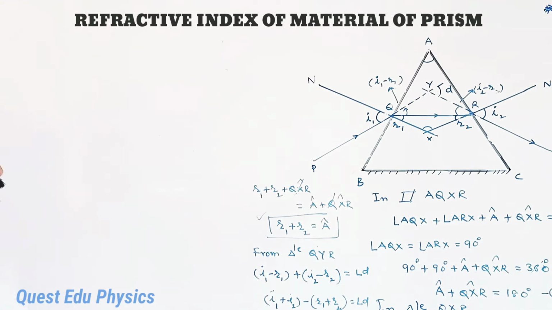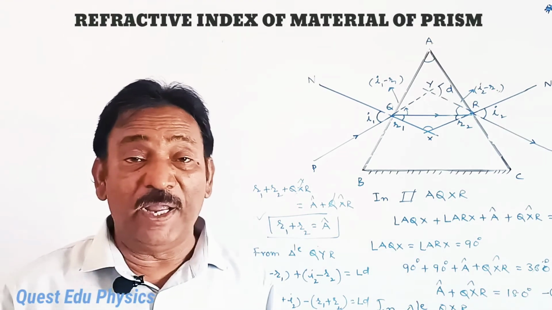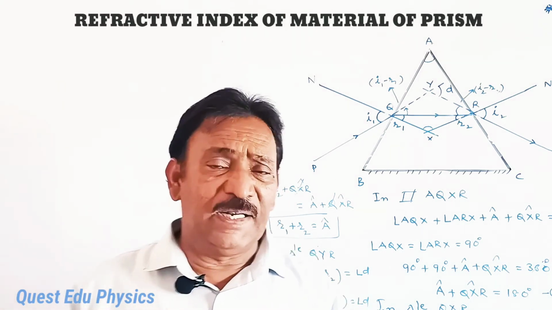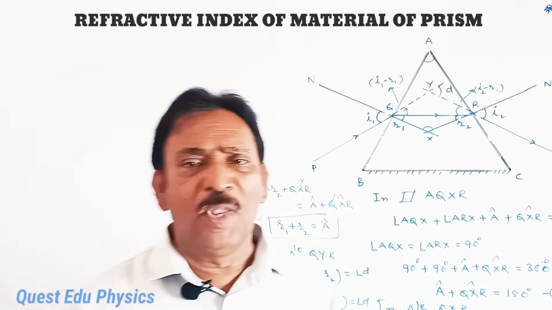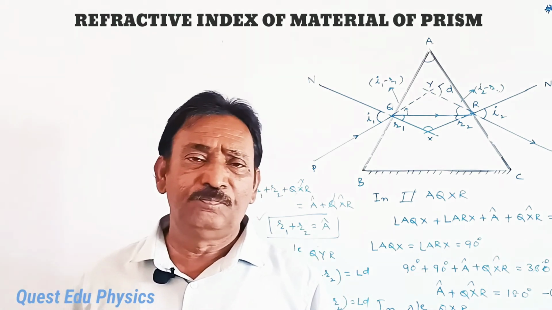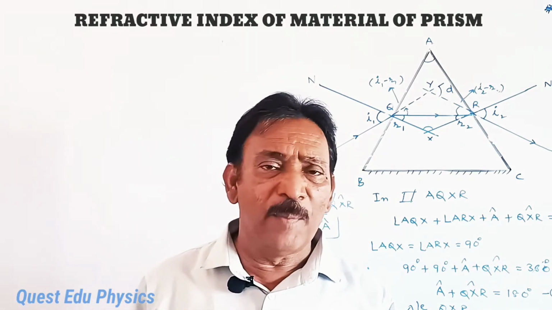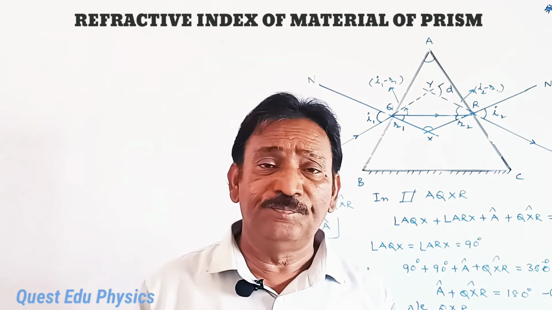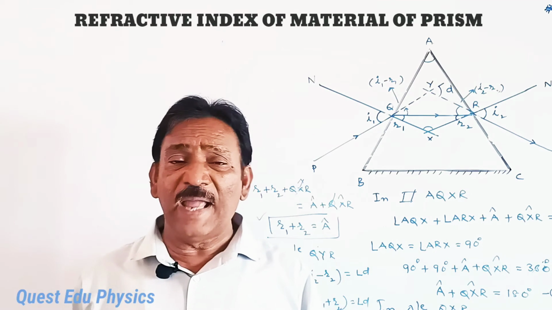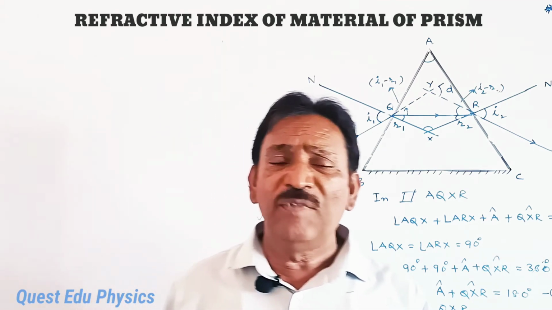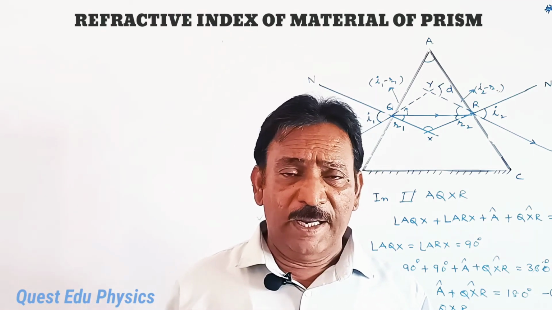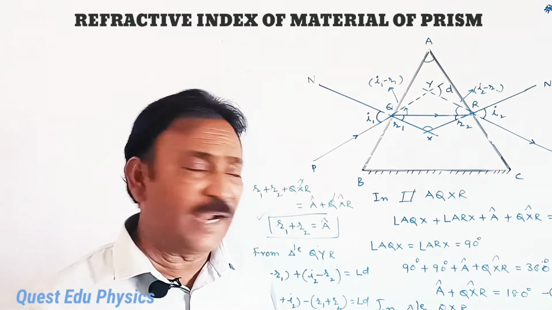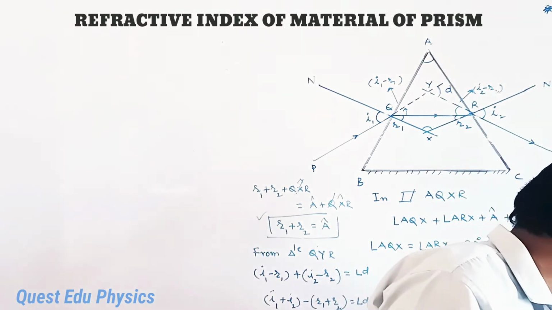By using these two, we derive an expression for the refractive index of the material of the prism, or coefficient of refraction of the prism. If you recall, according to Snell's law, the ratio of the sine of the angle of incidence to the sine of the angle of refraction always remains constant, and the constant is known as the refractive index. Remember that, students.